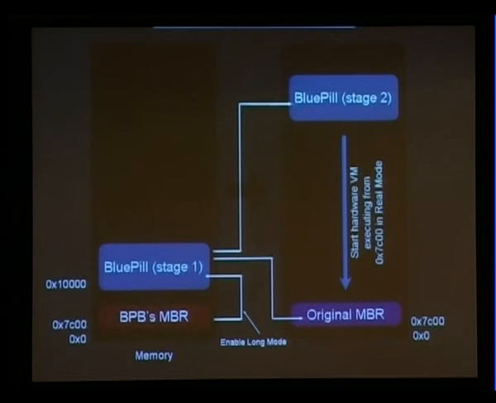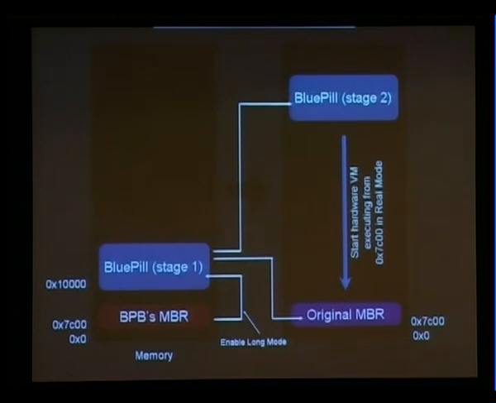So we have to use some clever tricks to let the original MBR and original OS loader think that it still runs in real mode, while it possibly can run in virtual 8086 mode. And we have to emulate certain instructions, not very many actually, like moving to CR0 and reading from CR0 and so on, just to overcome this behavior of VMX that it does not support real mode virtualization.